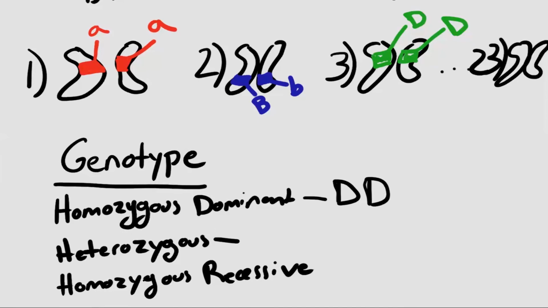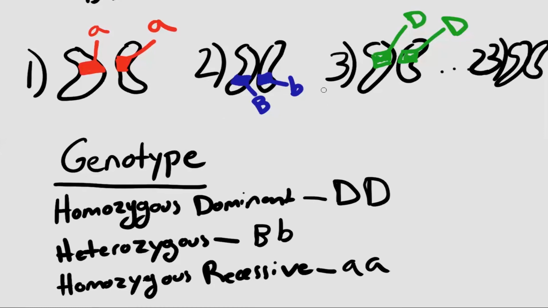So out of these three examples up here, the gene of B is going to be heterozygous, meaning one dominant, one recessive. And then homozygous recessive is same alleles of the pair, but this time the allele is going to be recessive. So you see here, the example would be the A gene. So we write that little a, little a.